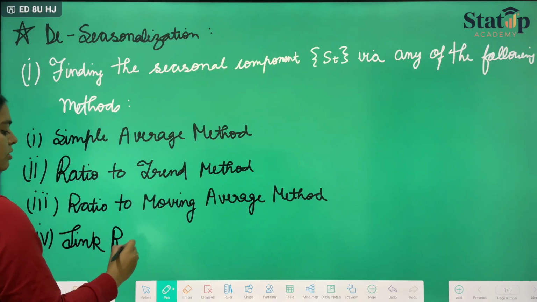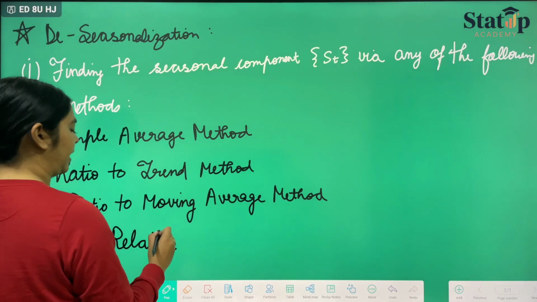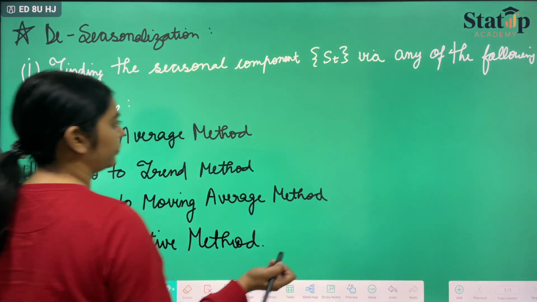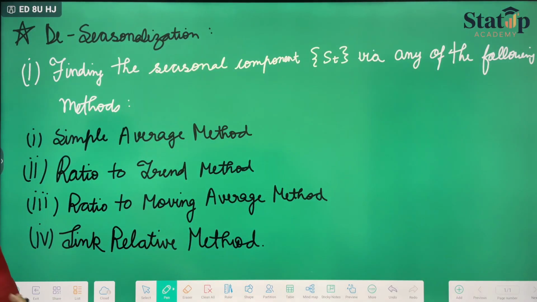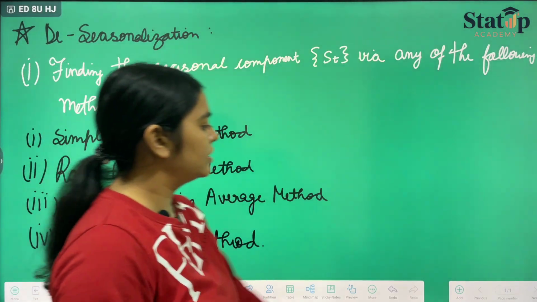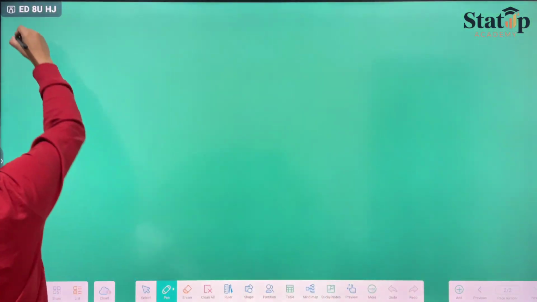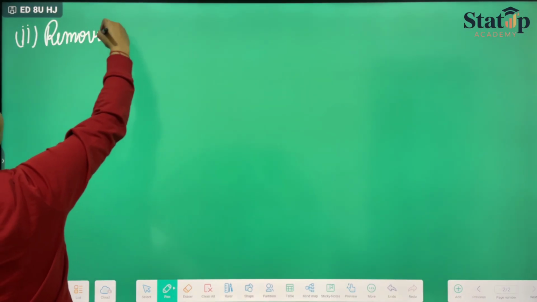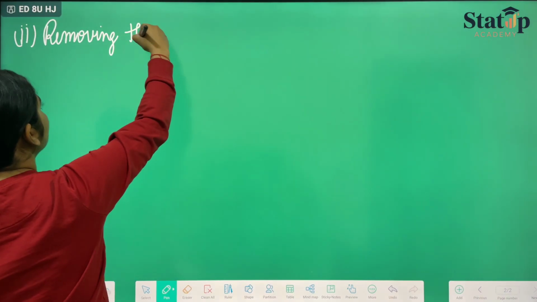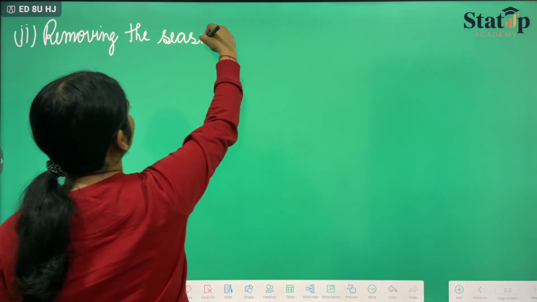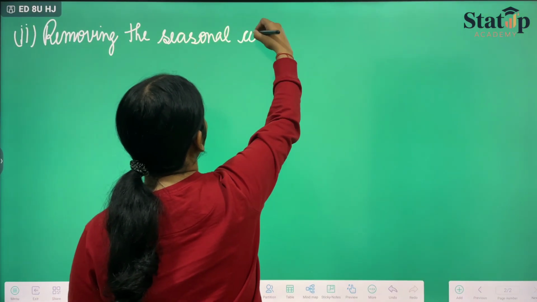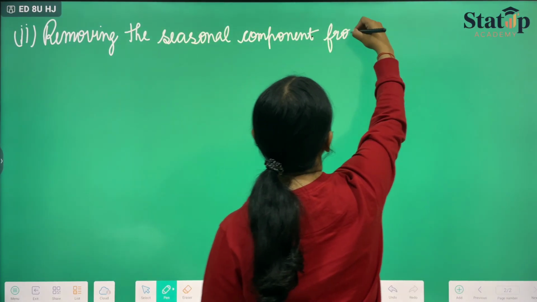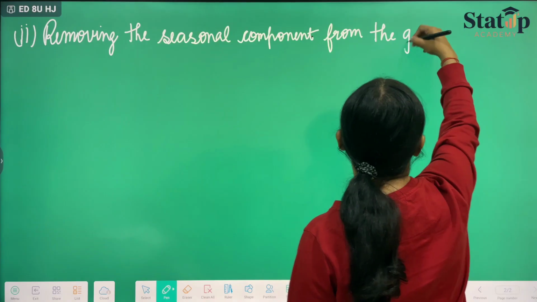So any of these methods can be used to find out the seasonal component. And then the second step includes removing the seasonal component from the given data.